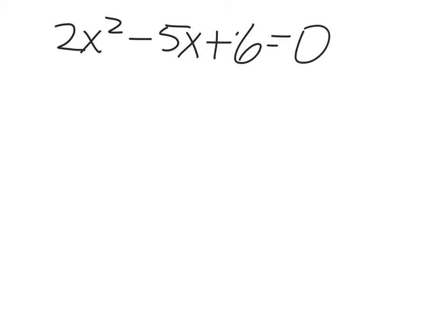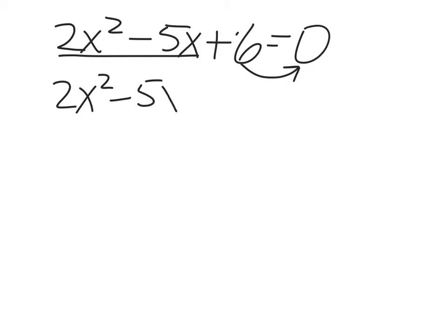Well, in completing the square, we only have to worry about the x squared and the x. So very first thing, we'd subtract 6 from both sides. And then, well, then it gets a little complicated, you might say.